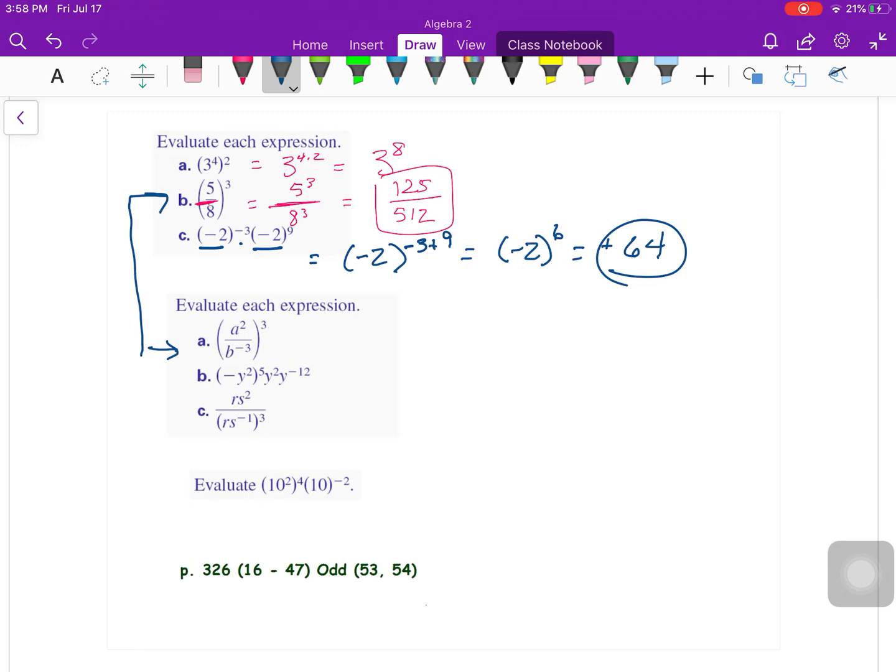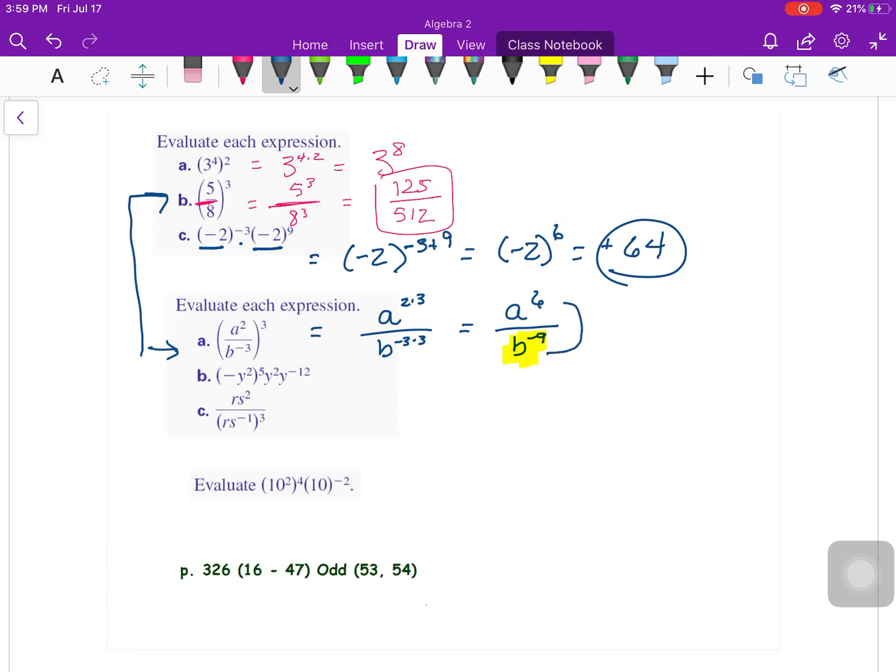So here we have a quotient, just like up here in B, raised to a power. So this would be a to the 2 times 3 over b to the negative 3 times 3. So that's a to the 6th over b to the negative 9.